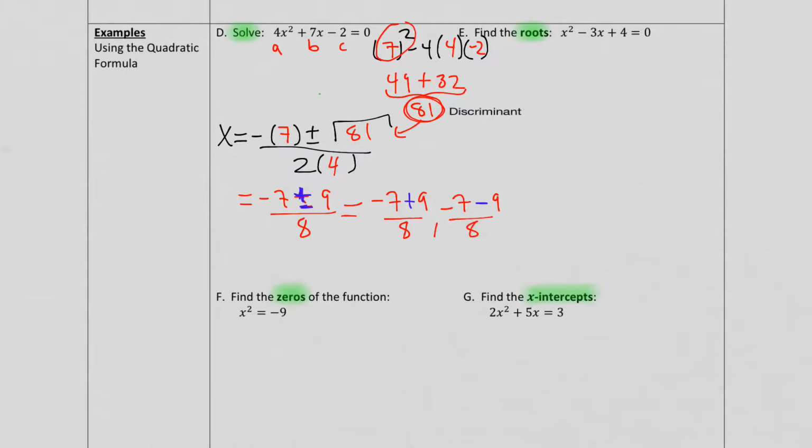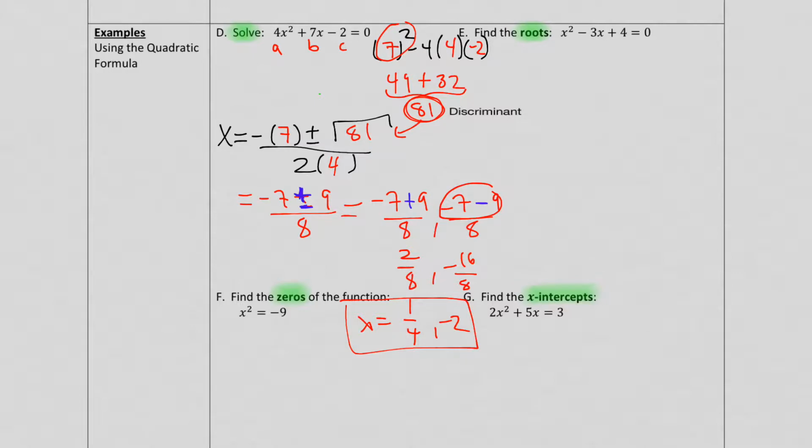So then I get here 9 minus 7 is 2 over 8, which would be 1/4. And then negative 7 minus 9 is negative 16 over 8, which is negative 2. So this question, when I work it all the way down, I get 2 solutions of 1/4 and negative 2.